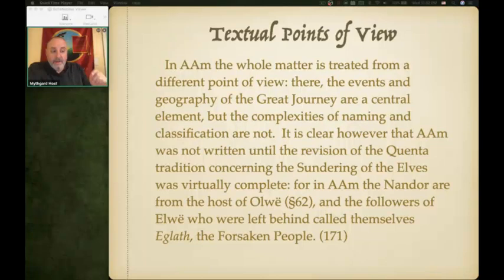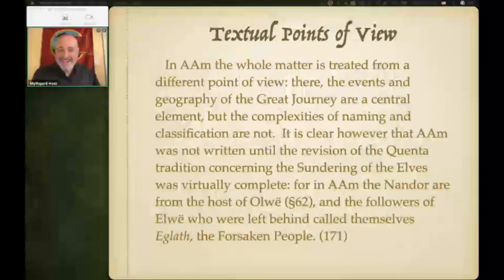So even if he were self-consciously thinking, I'm going to use the Quenta as a way to work through and organize my ideas, well, in the process of organizing and working through those, new ideas keep coming out, right? So new stuff and new passages and new bits of dialogue continue to emerge, which themselves are going to make the published text, because of course they do. That's how he thinks. That's what happens when he writes. The guy can't make a list without ending up with a story, right? I mean, we've seen that time and again.